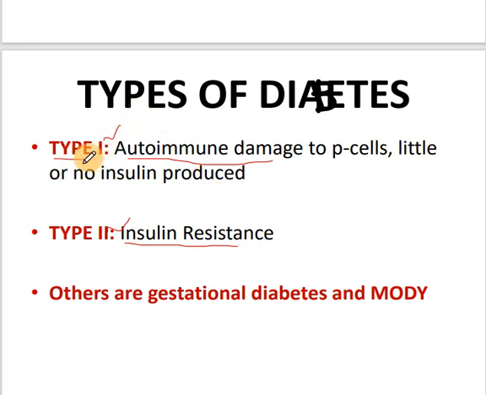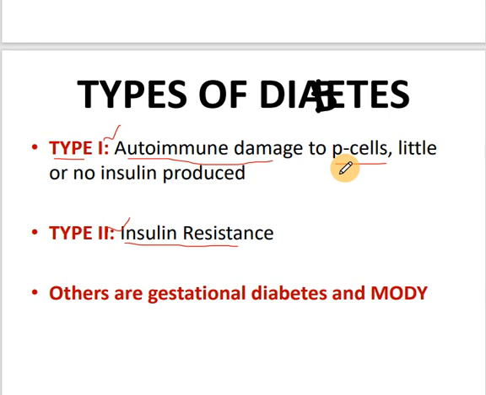For type 1 diabetes, as we said, it is an autoimmune disease caused when the body's immune system fights the beta cells of the pancreas. So when there's autoimmune damage to the beta pancreatic cells, the body cannot produce insulin, or it can produce insulin, but it will not be enough to clear the glucose.